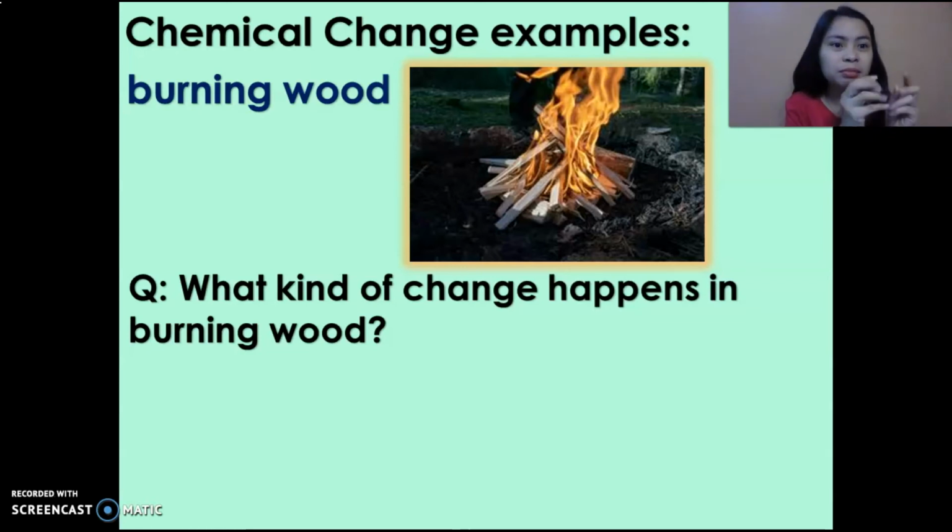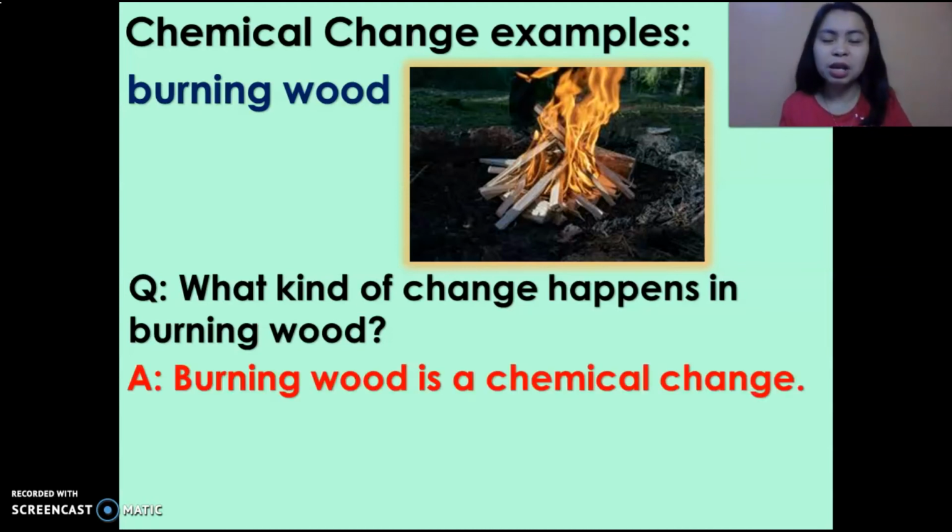It will become ashes, right? So we can say that burning wood is a chemical change. Okay, can you say it with me? Okay, and it's already an ash, so we can say that burning wood is irreversible.